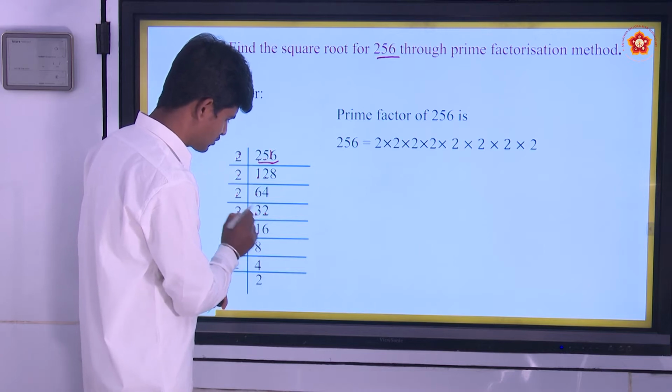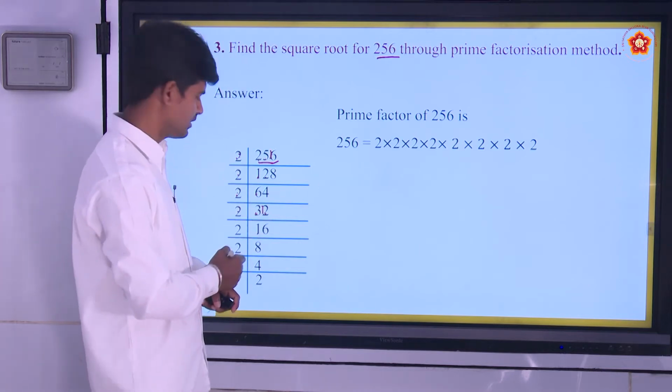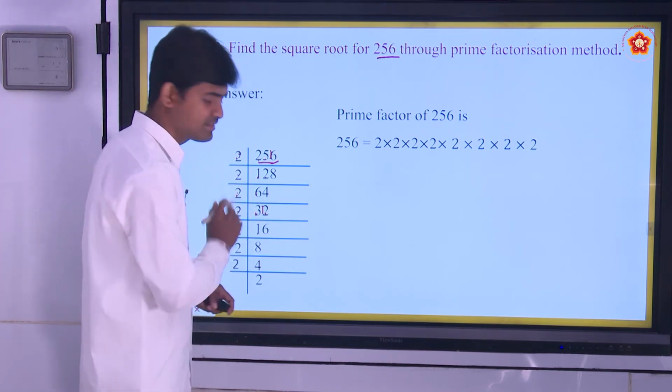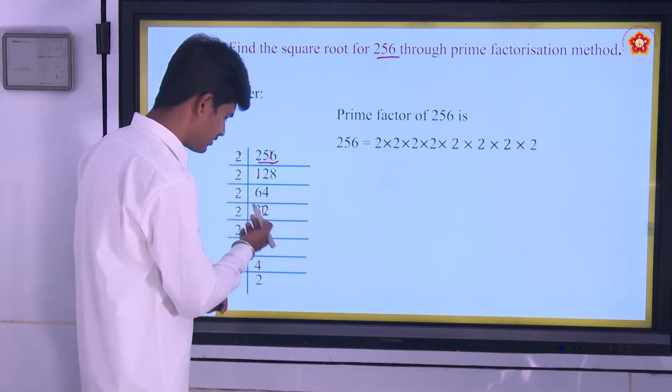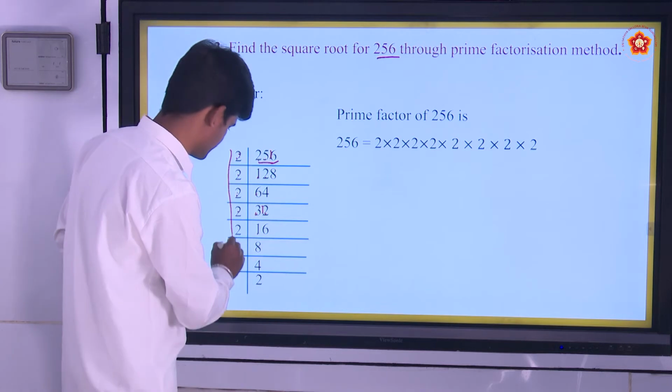Next, 2 6s are 12, 2 8s are 16, 2 4s are 8, 2 2s are 4. These are the prime factors.